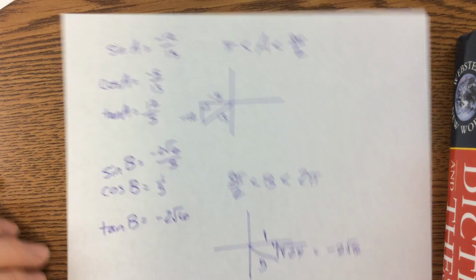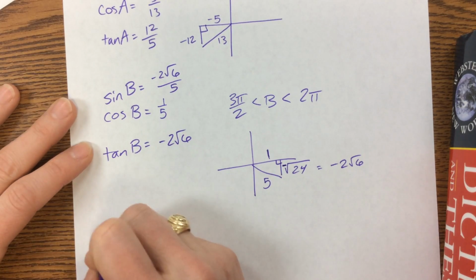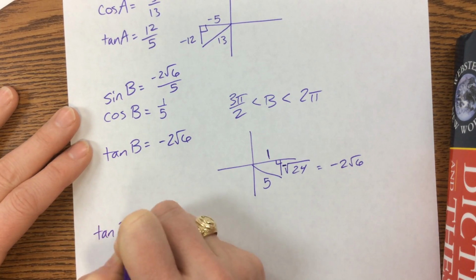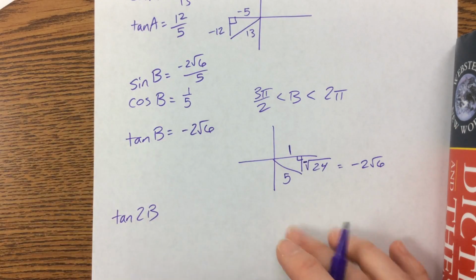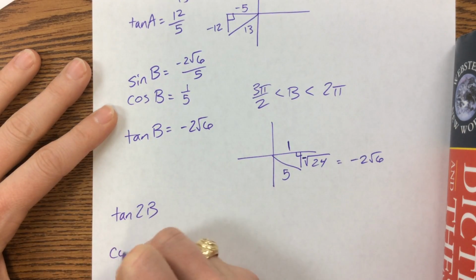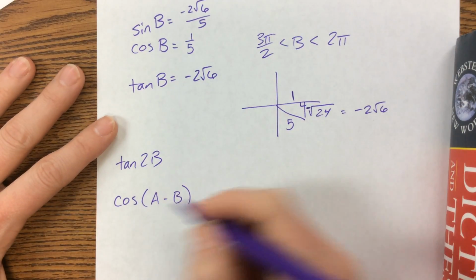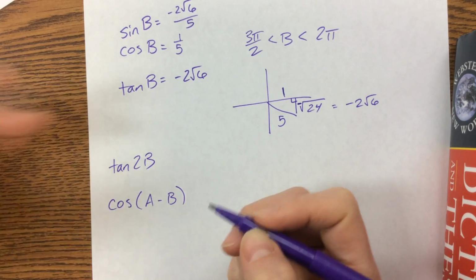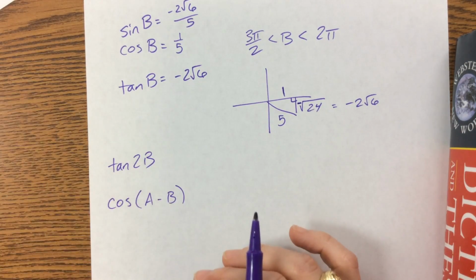So they've given us these two scenarios, and then they might ask us all sorts of things. They could say, okay, what's tangent of 2B? Or they might say, what is cosine of A minus B? Or tangent of adding the two angles or subtracting the two angles. Basically, we could use any of these formulas.